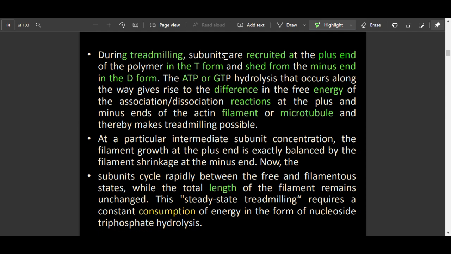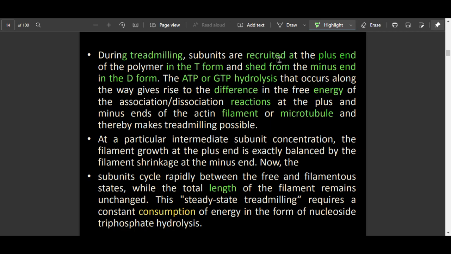ATP and GTP hydrolysis: these two kinds of hydrolysis give rise to the difference in the free energy of association and dissociation reactions at the plus end and minus end of the actin filament or microtubules. Both are the same.